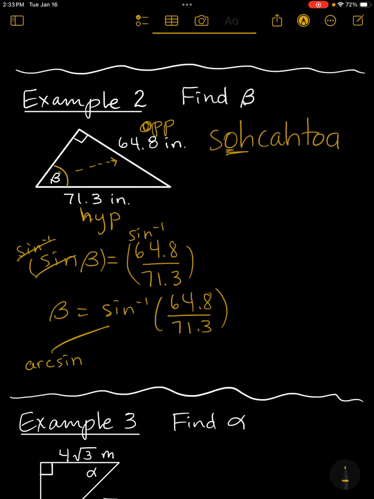However, this is different from the cosecant if you're familiar with that. This is totally different. If we punch this in and round correctly, we see that our angle is approximately 65.3 degrees. Again, when you're looking for an angle, it's measured in degrees.